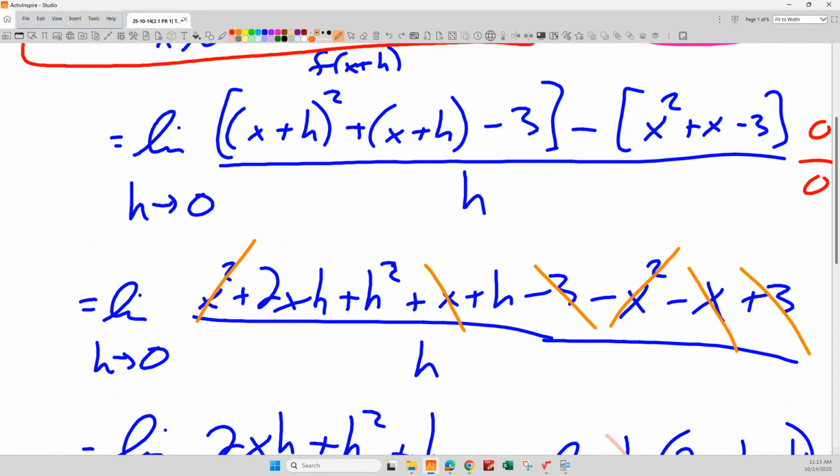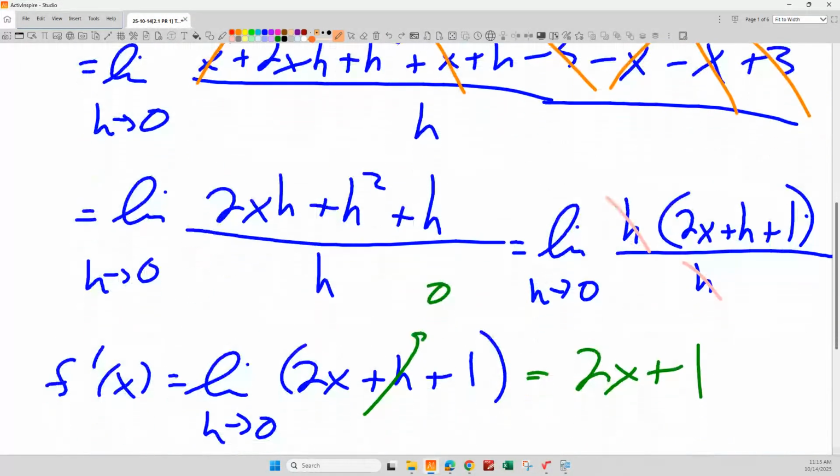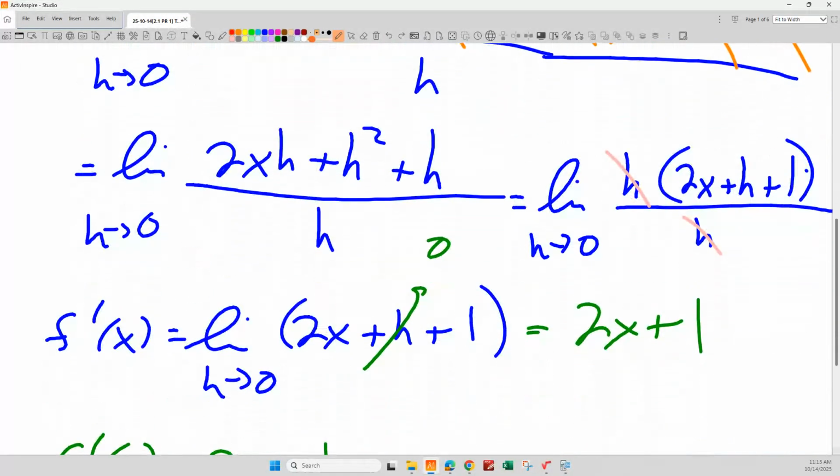The factor h is the factor whose 0 is 0, right? So we knew ultimately I was going to have to be able to cancel h's on the top and the bottom, and then this is how we did it. We factored out an h, we canceled them, and then I was left with an expression that I could evaluate directly, right? I could plug in h equals 0, and it was no longer indeterminate.